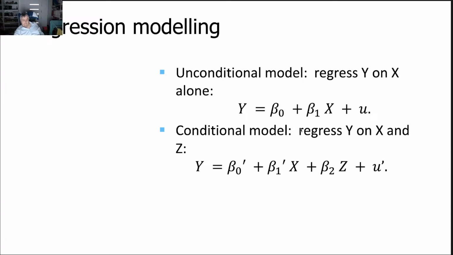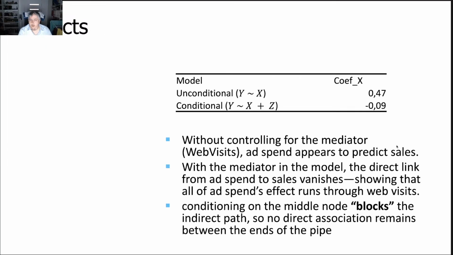In the case of our conditional model, we regress Y on both X and Z. If we use the most basic ordinary least squares regression, just to get a number here, we could use Bayesian analysis, but then we would just get histograms instead. So for our purpose today, we'll just focus on standard ordinary least squares because that's easier.